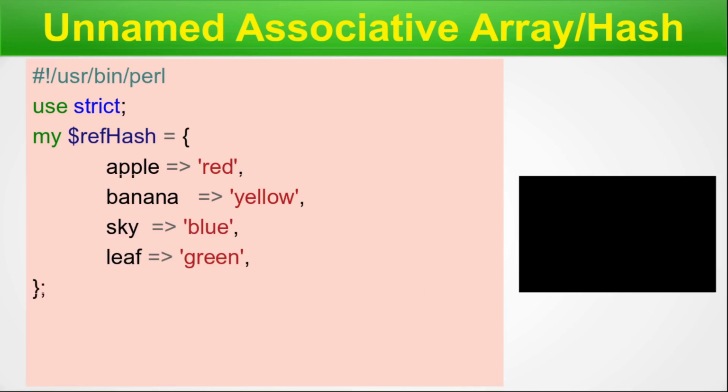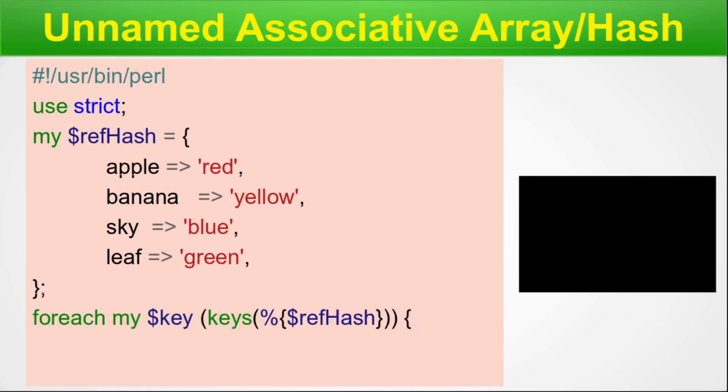So this anonymous hash is created. You can see on the left hand side these keys do not have any quotes, so these are barewords. I have explained this in the first episode. Barewords can be used in keys. Now foreach, we have my $key, and then keys. We directly create the array of the keys by using keys.